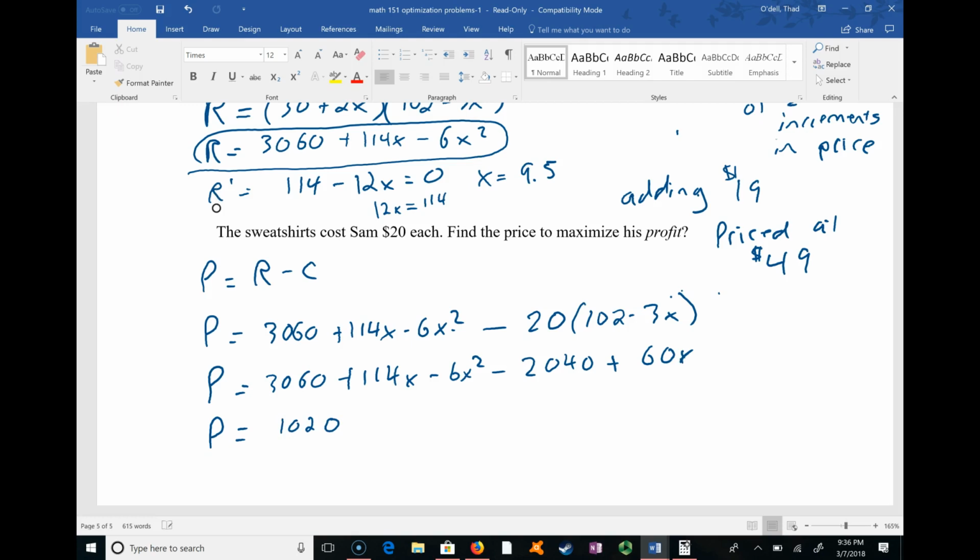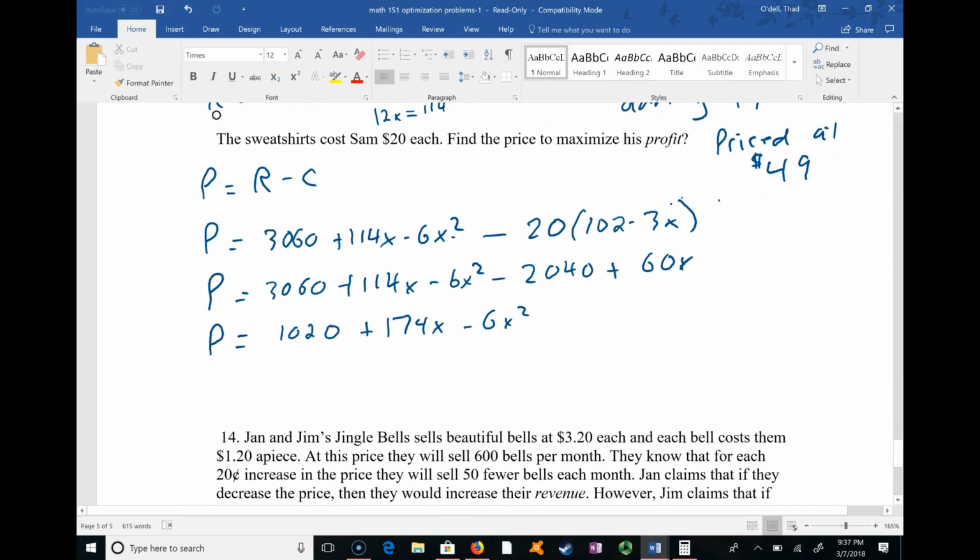And if we add 60x to that, that'd be 174x, and that would be minus 6x squared. So this time when we take the derivative, we get p prime is equal to 174 minus 12x.